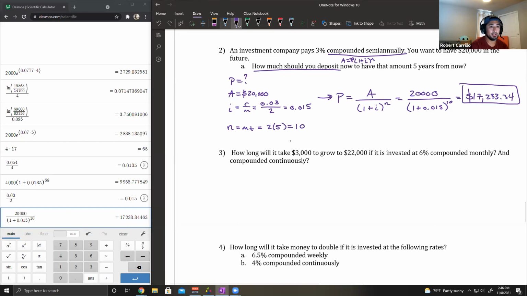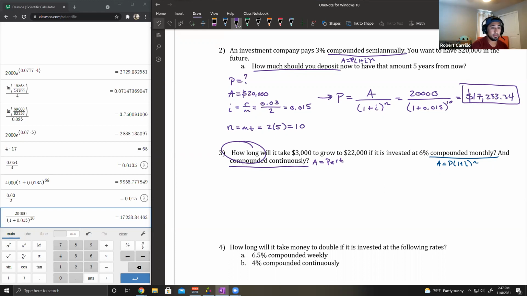When it says compounded monthly, we know that's A equals P times 1 plus i to the n. And compounded continuously, that's our best friend, PERT. But the kicker here, it says, how long? So we are looking for time.